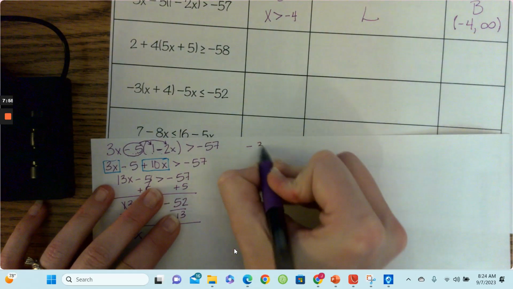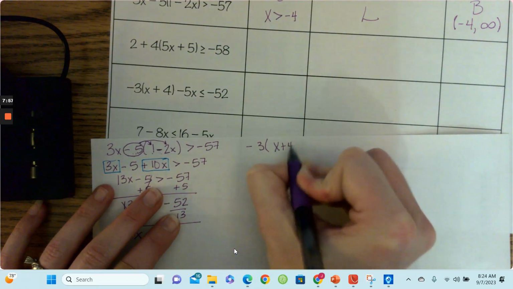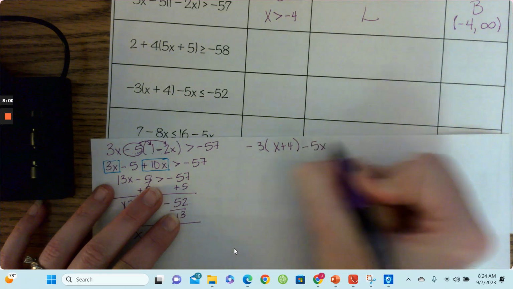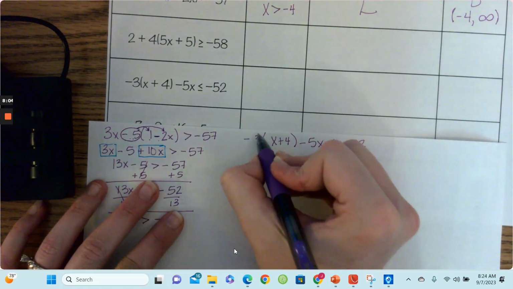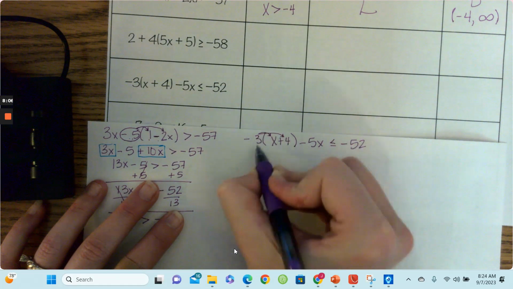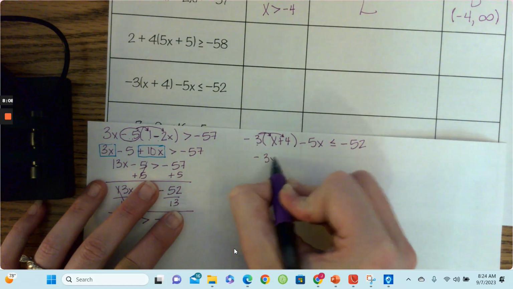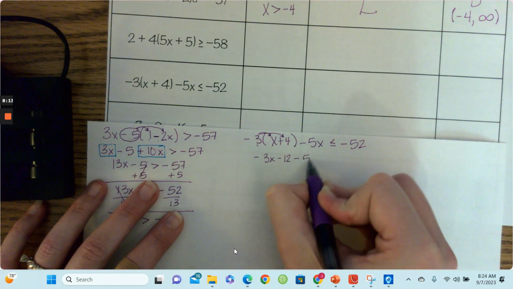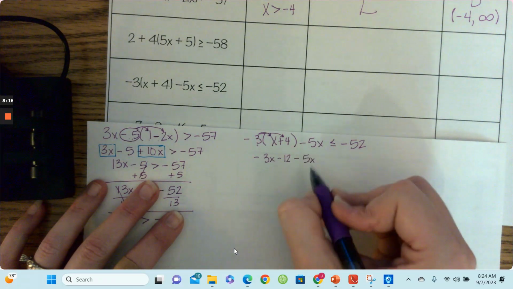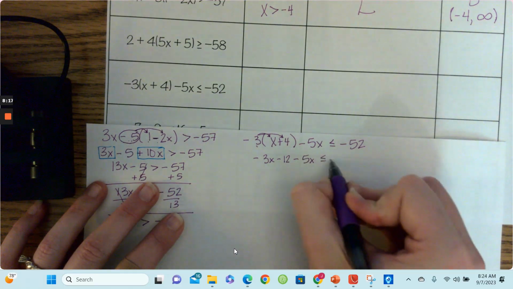All right, negative 3 times x plus 4 minus 5x. Negative 3 times x is negative 3x. Negative 3 times 4 is negative 12. Minus 5x. Again, nothing's getting distributed to that.